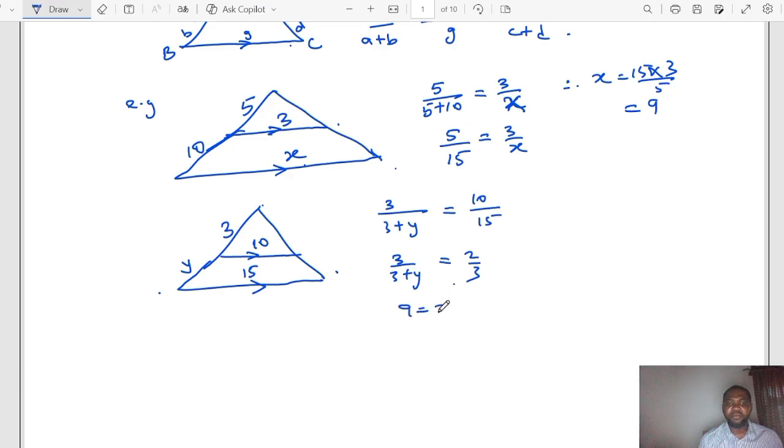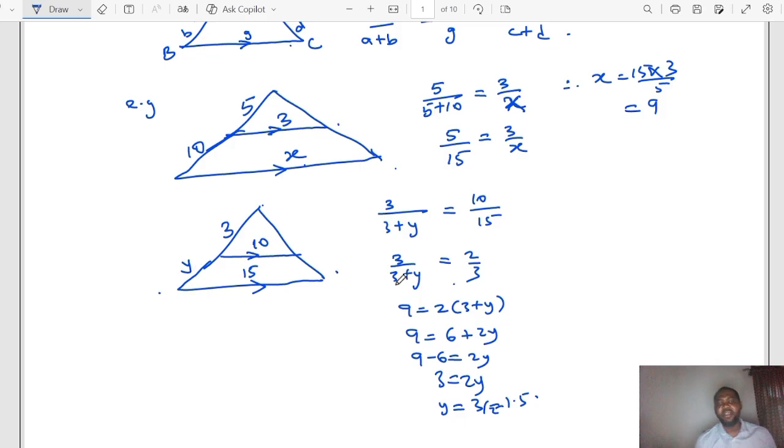Then cross multiplying the other side, you get 2 into 3 plus y. So 9 is equal to 6 plus 2y. Then you have 9 minus 6 is equal to 2y. 3 is equal to 2y. So we can have that y is equal to 3 over 2, or you can just simply say 1.5. So y is 1.5. So this is the first case that involves similar triangles.